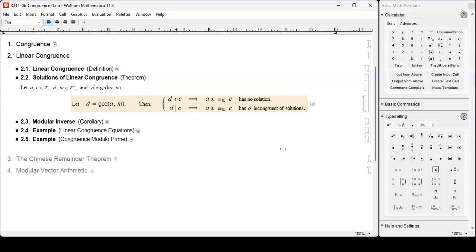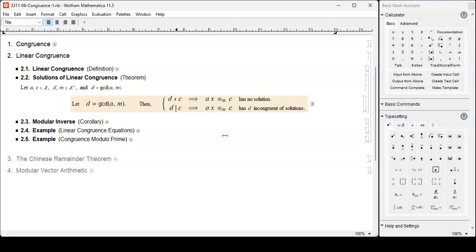Yes, it has infinitely many solutions in the entire set of integers, but there are M equivalence classes modulo M under the equivalence relation congruence modulo M, classified by the remainders 0, 1, 2, 3, 4 and all the way up to M minus 1. Only D of them will have solutions.